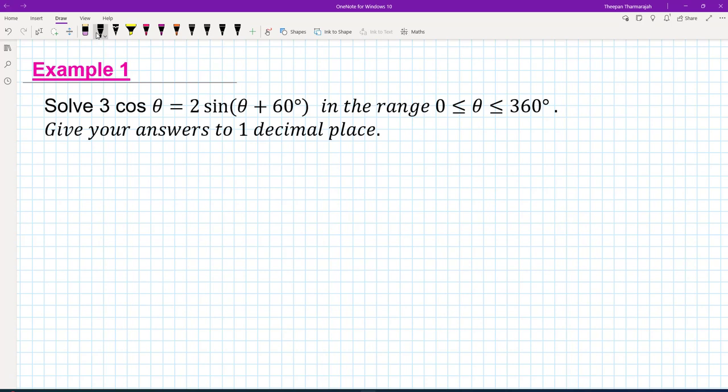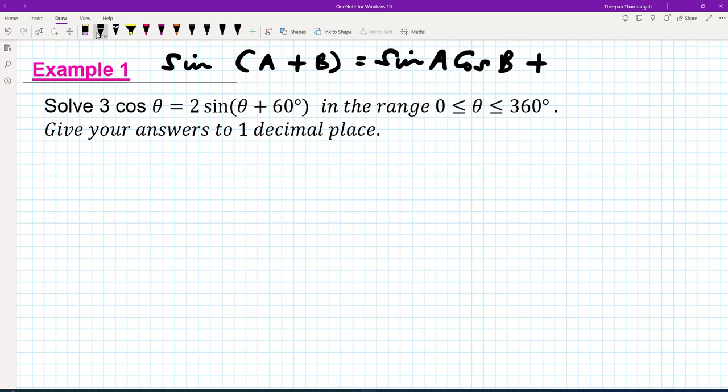So what we're going to do now is expand this, so we're going to write the identity for sine(A plus B), or the addition formula for it, which is sine A cos B plus cos A sine B.